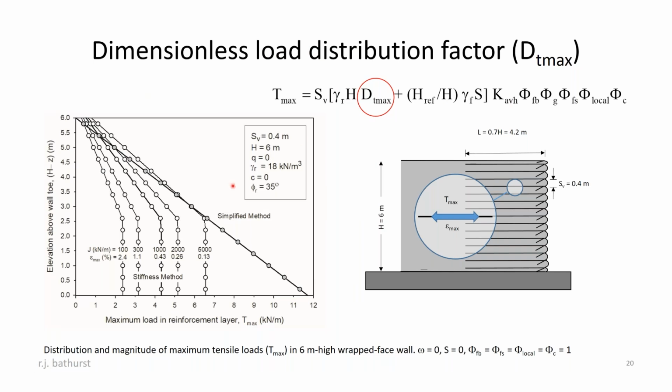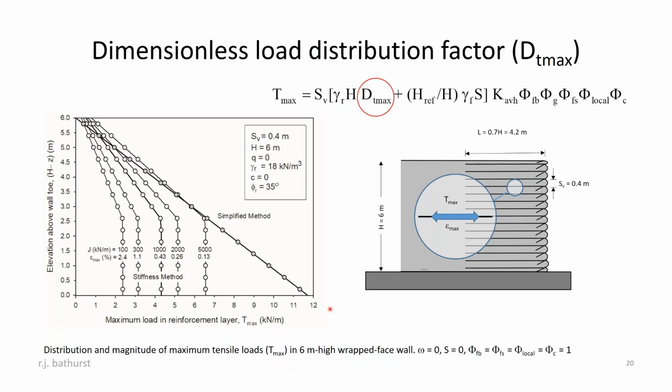And what we found from observation of full-scale walls in the field is the distribution tended to be bilinear rather than linear with depth, as is predicted by the simplified method when you have simple geometry, same reinforcement type and uniform spacing.